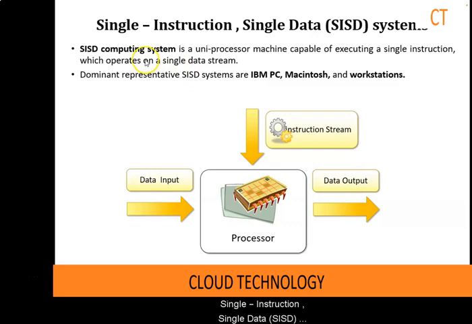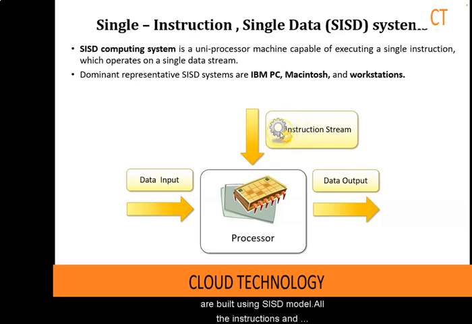Single instruction single data computing system is a uniprocessor machine capable of executing a single instruction which operates on a single data stream. The machine instructions are processed sequentially, hence the computers adopting this model are popularly called sequential computers. Most conventional computers are built using the SISD model.